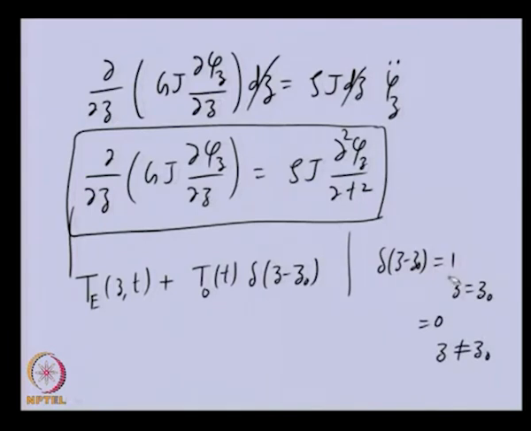So, when we specify z is equal to z naught, only then will this act, otherwise it will not act, because this is a concentrated load and this is the external load which is distributed over a certain length that will be specified.